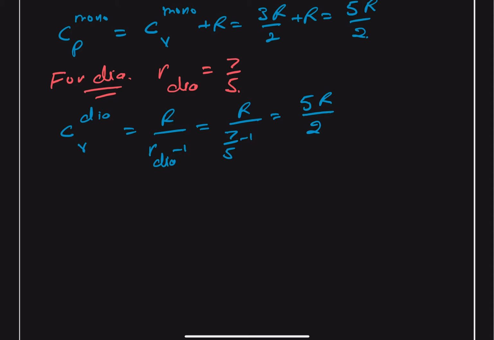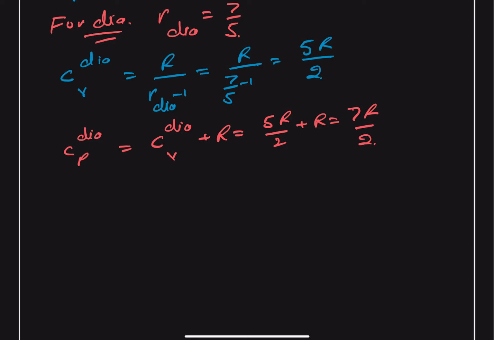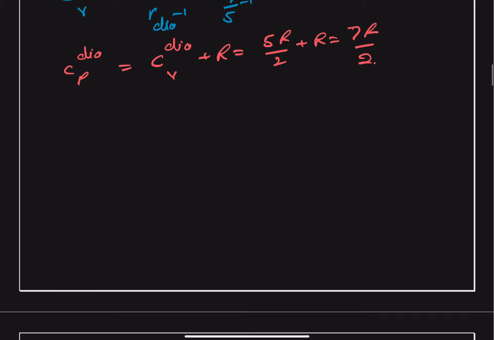Now we can find out our Cp diatomic. This will be equal to Cv diatomic plus R, which is 5R/2 plus R, and we get this as 7R/2. So we found out the values of Cp and Cv for monoatomic as well as for diatomic.